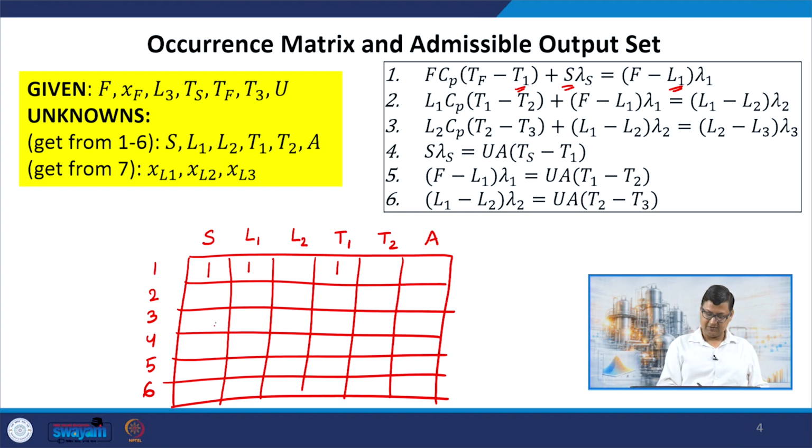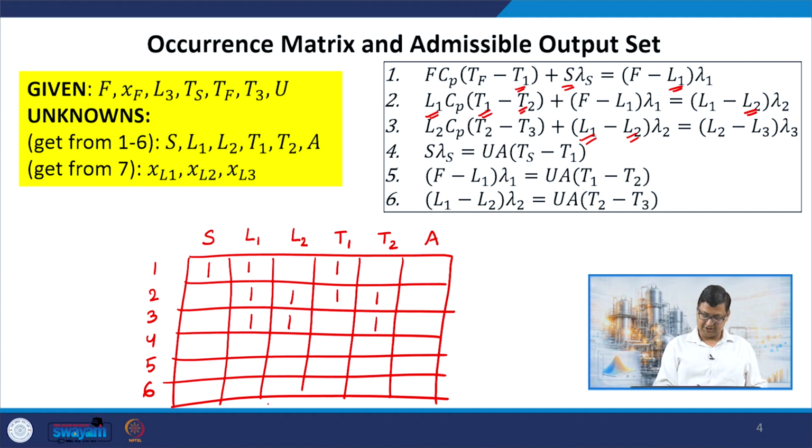For the second equation, S is not appearing, but L1 is appearing, L2 is also appearing, and T1 and T2 both appear in this equation. And for the third equation, again L1 and L2 are appearing, S is not appearing, and T1 is not appearing, but T2 is appearing in the third equation.